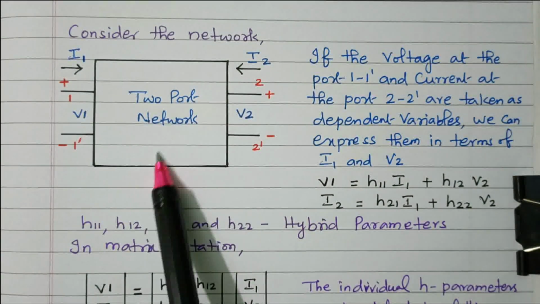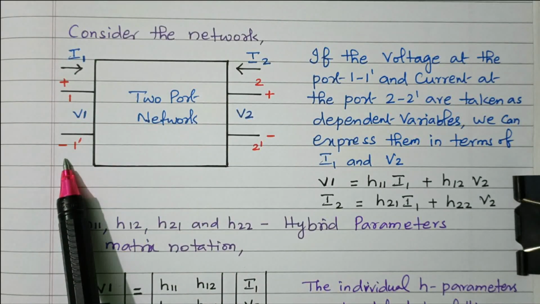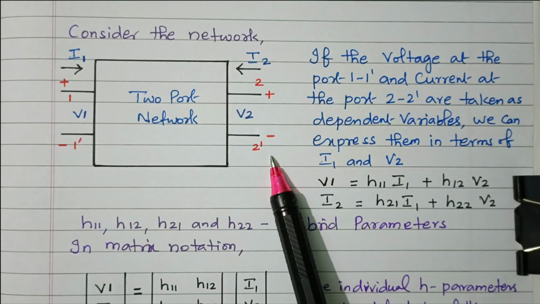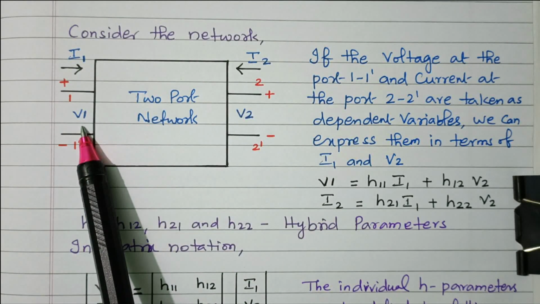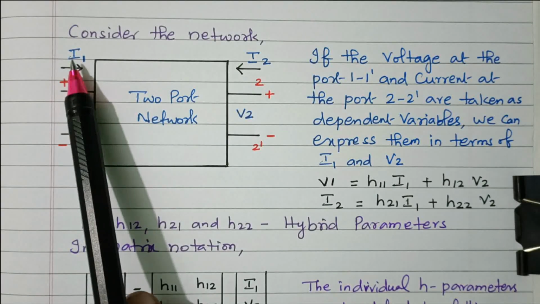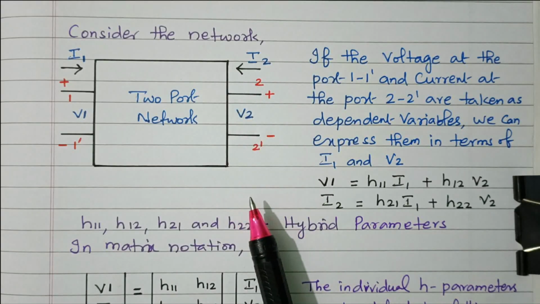Consider this two-port network. 1 dash is the input port, 2 dash is the output port. V1 and I1 are the input port voltage and current. V2 and I2 are the output port voltage and current.